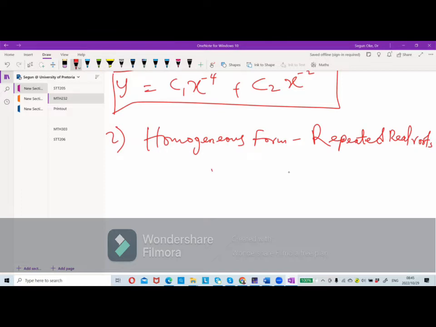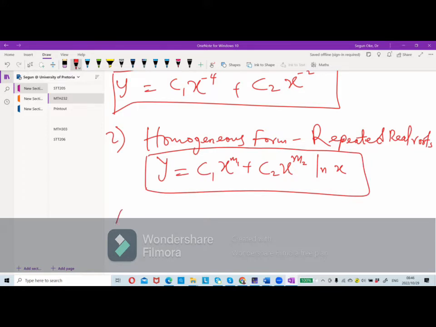For repeated real roots, the formula is y equals C1 e^(mx) plus C2 e^(mx) ln x. That's the nature of that result.